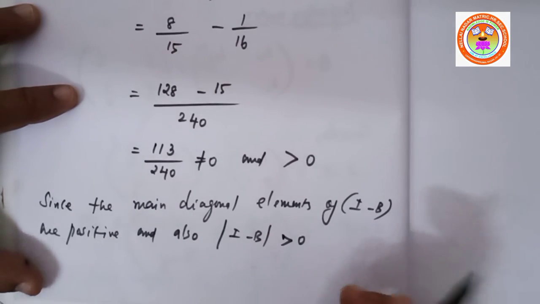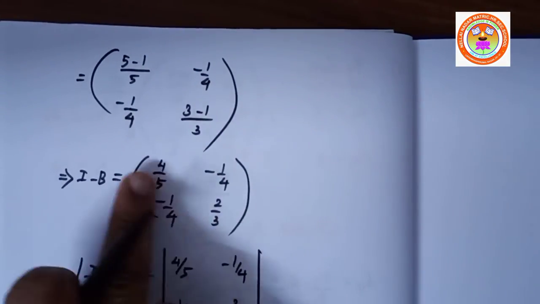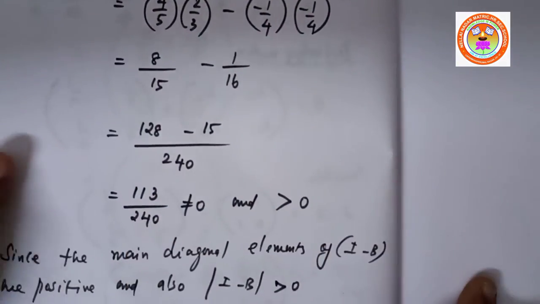Greater than 0 means positive. You can verify I minus B, main diagonal elements are positive, and the determinant of I minus B is also positive.